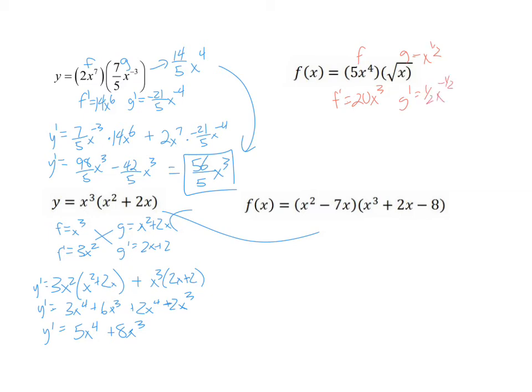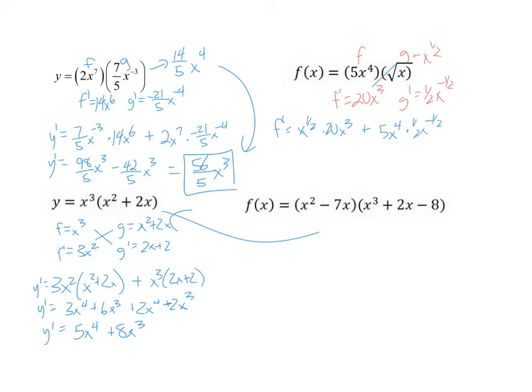So let's write out our multiplied step. So we'd multiply those two first. So we'd have x to the half times 20x cubed. And then the second part would be 5x to the fourth times 1/2 x to the negative 1/2.